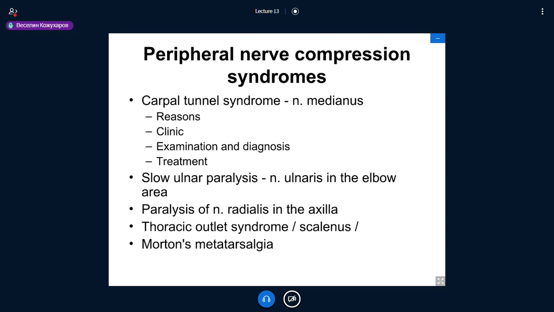This will help the nerve to become healthy again. The first operation is decompression, and in severe cases with a long history of compression, when we observe not shortening but thinning of the nerve, we perform neurolysis.